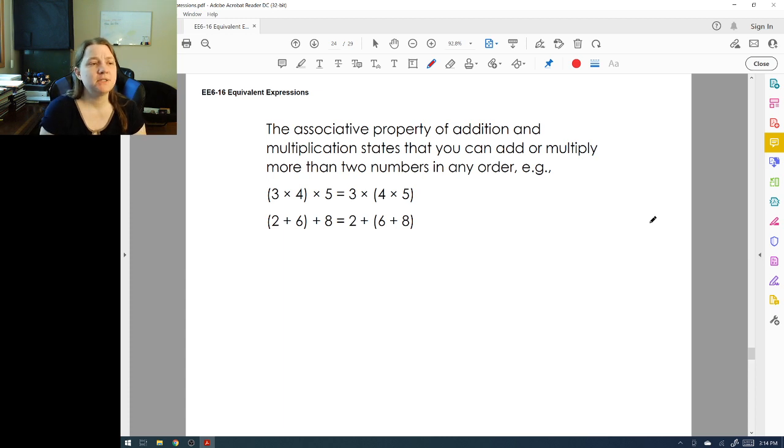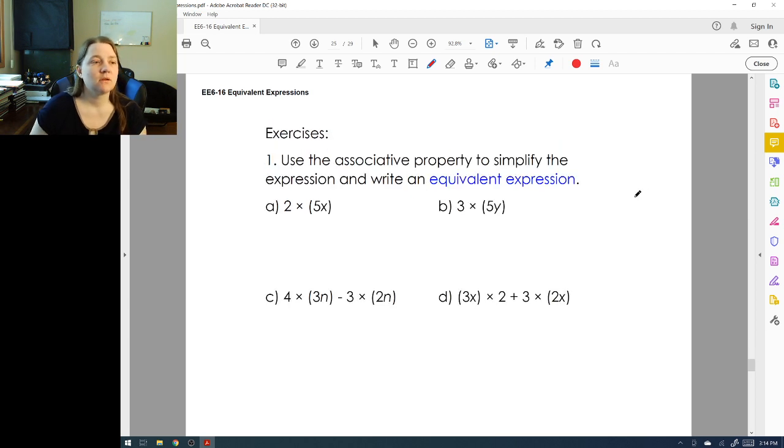Take a look at the associative property, reminding you that you can change the parentheses around. You can change the order that you multiply or add numbers, so long as you're just multiplying or just adding. We could use the associative property to simplify some of these expressions.